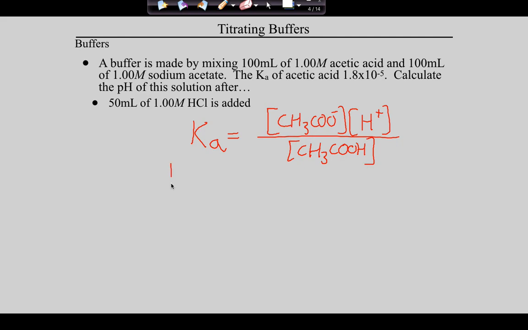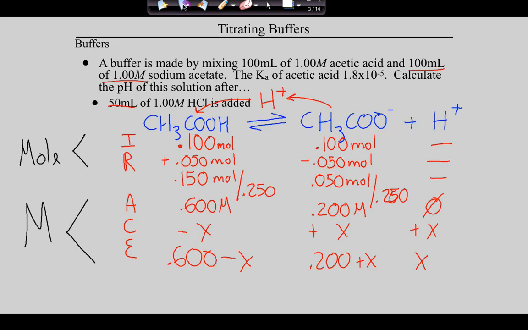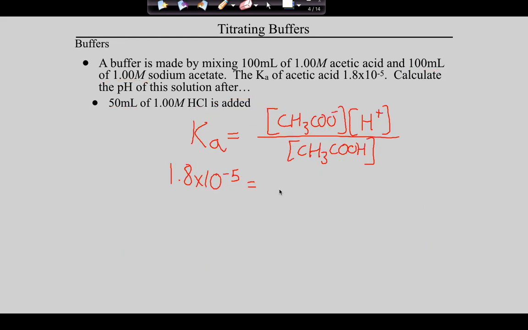So we need the Ka. 1.8 times 10 to the negative fifth is equal to, so we need our concentration of acetate, which we have said is 0.200 plus x. And then our hydrogen is x, right? And then I think this is 0.600 minus x. Is that okay? Okay.